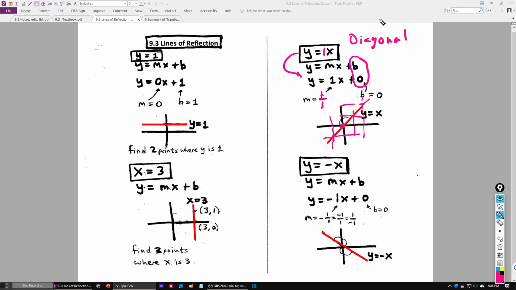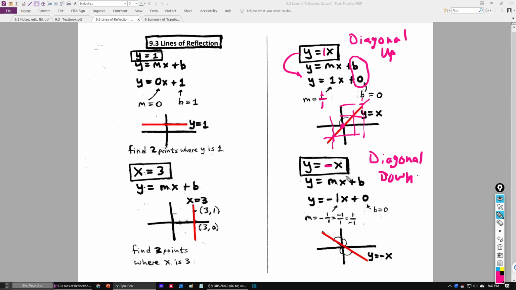Thinking of it as signing your name, going left to right, it's a diagonal up. Whereas the line y equals negative x is a diagonal down, or sloping down, however you want to say that. So your slope is negative 1.